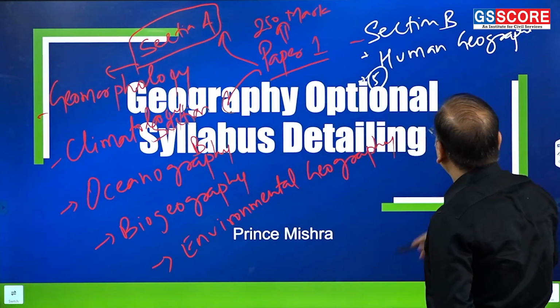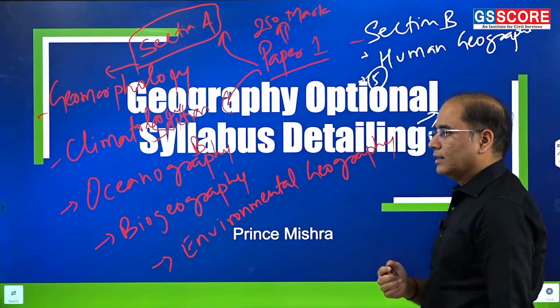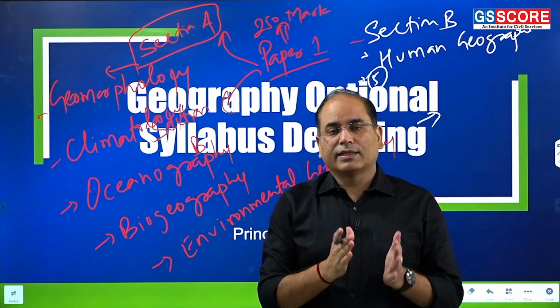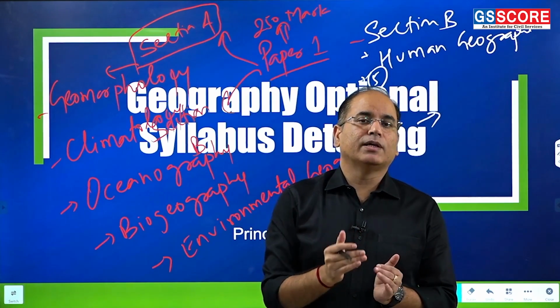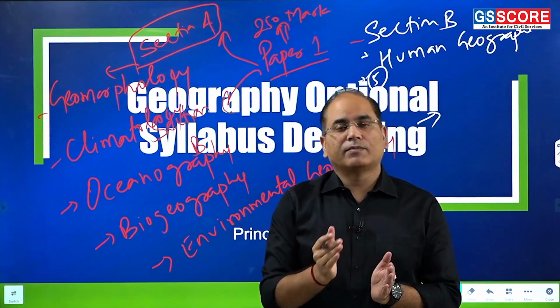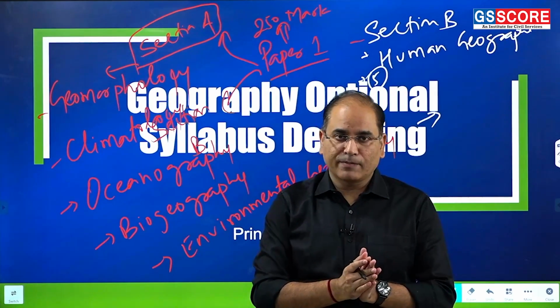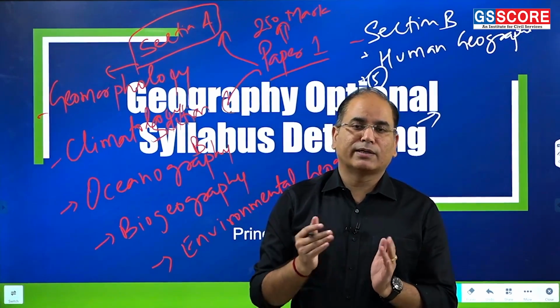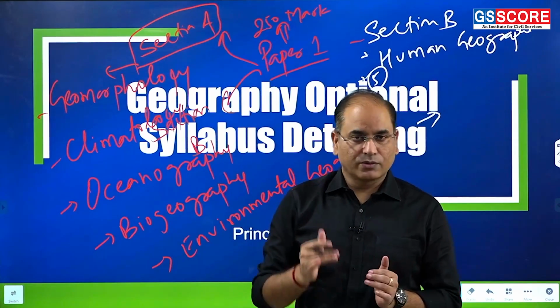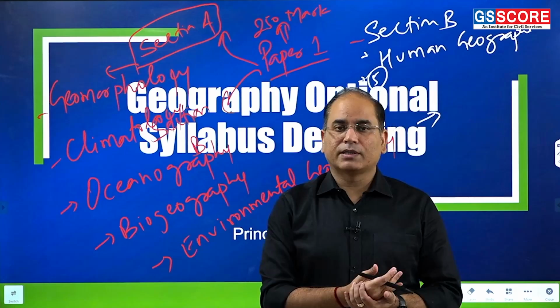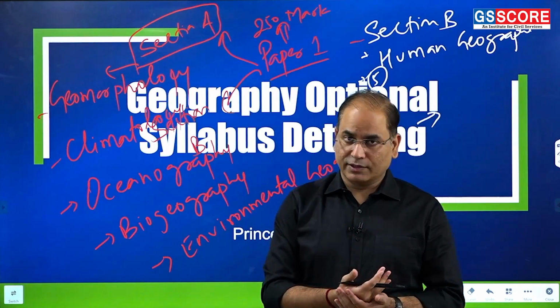These chapters are geographical thought, that is referred to as perspectives in human geography. Other than the perspectives in human geography, we have economic geography, the chapter of population and settlement, regional planning, and also models, laws and theories in human geography. So, in total we have 10 chapters in paper 1, and the first 2 chapters are geomorphology and climatology.